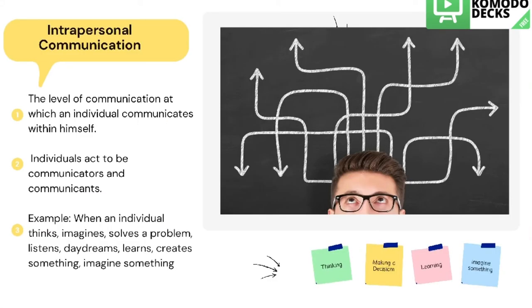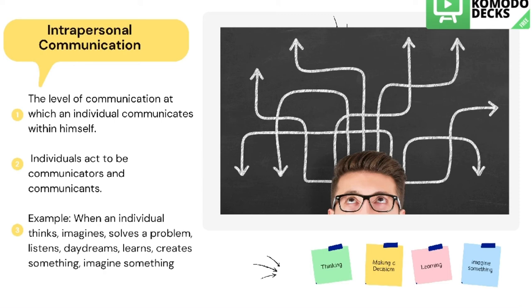The first level is intrapersonal communication. This is the simplest level because it only involves one person. So the communicator and the communicant are one person. Usually, intrapersonal study is related to the psychological aspect of someone.